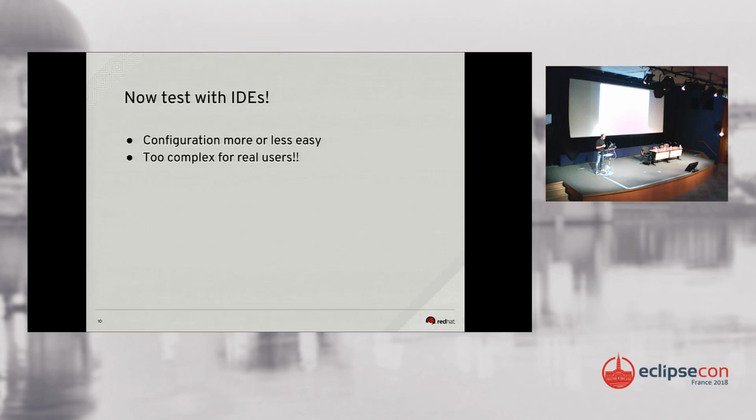The thing is that all of them provide some ways to launch it with a launch configuration, to change some preferences, to bind the server, to have it available and consumable inside the IDE. It's just too complex for real users.